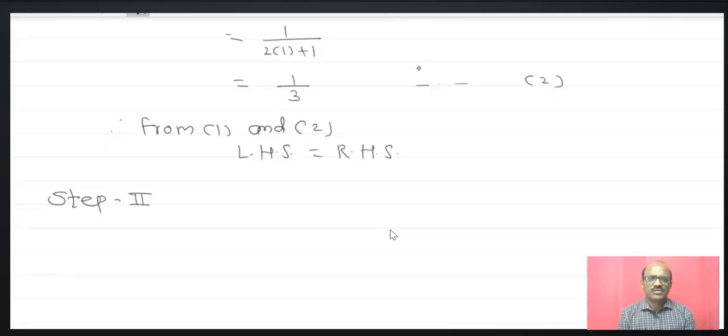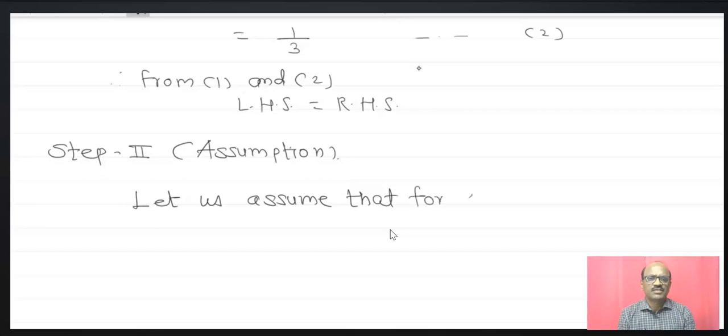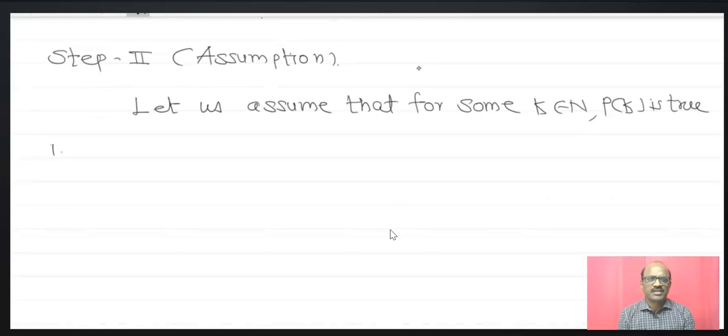Now the step number 2. This is the assumption. Let us assume that the given result is true for n equal to k, that is, k belongs to the capital N, that is P of k is true.